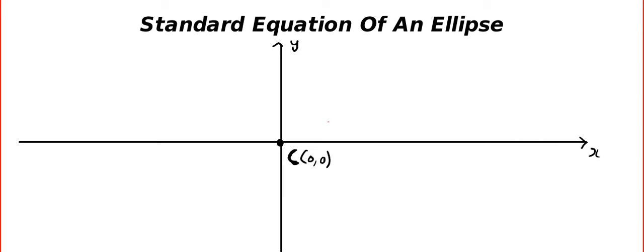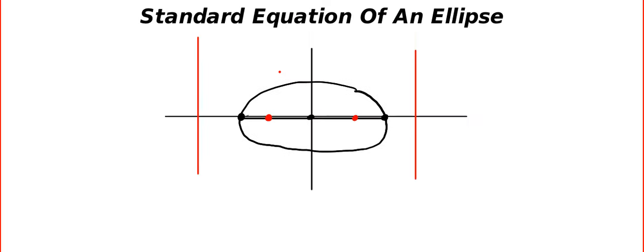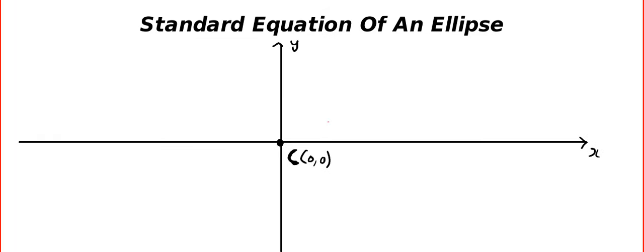Don't forget, we are creating everything in such a way that the standard ellipse will be generated. I told you earlier, standard ellipse means the center will be the origin and it will be symmetric about both x-axis and y-axis.